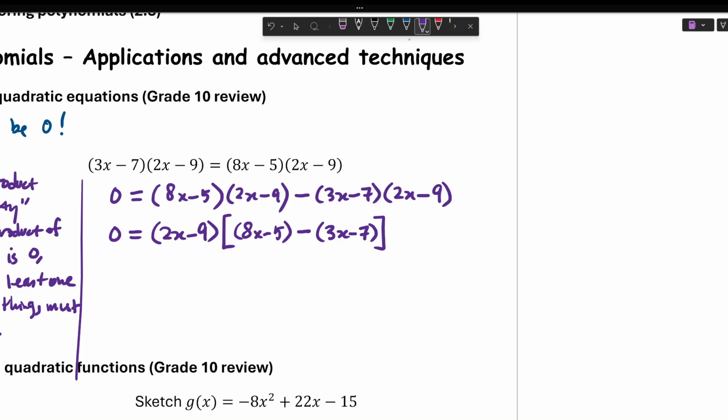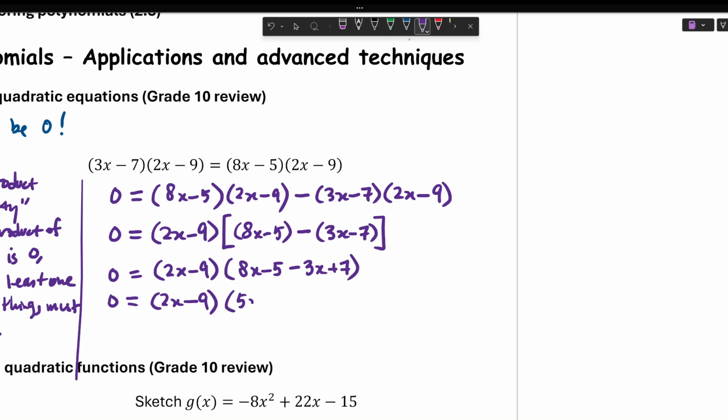And it's already factored now. So you just need to simplify this factor a little bit. So if we distribute the negative, we're going to get negative 3x plus 7. And when we simplify this, we're going to get 5x plus 2.